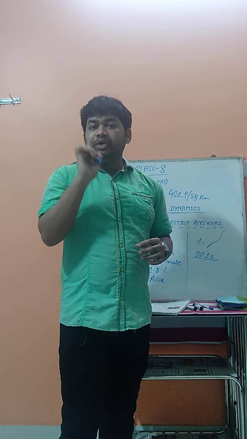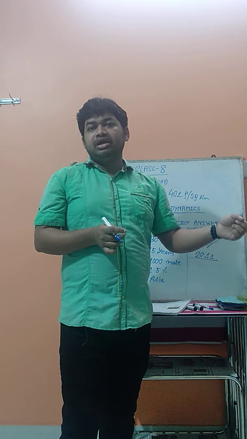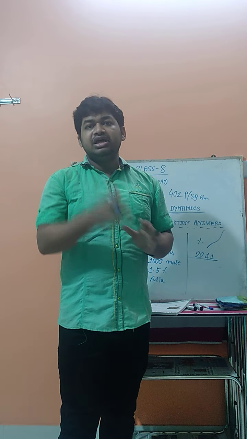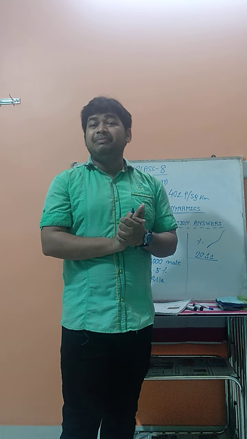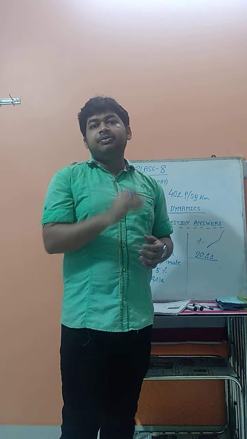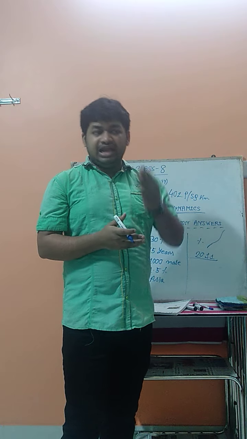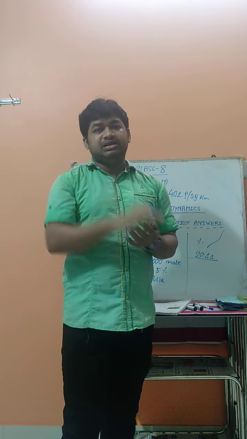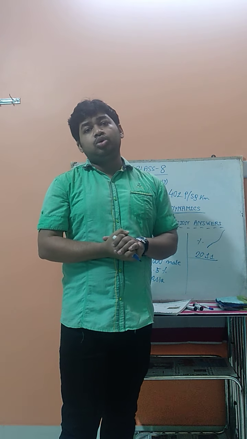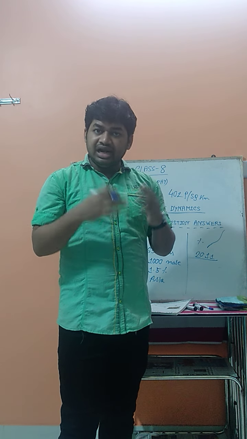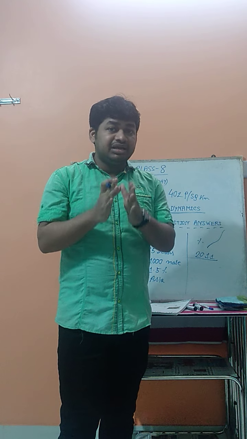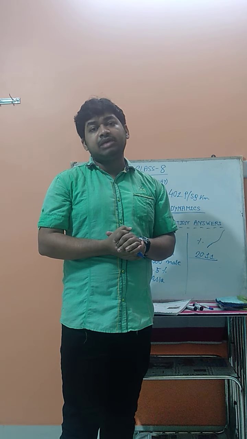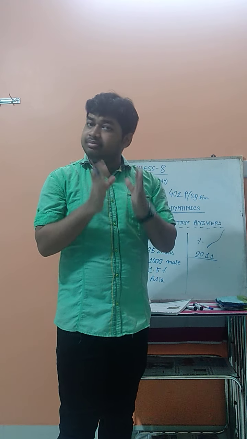The people who enter one particular place are known as immigrants, and those people who leave one place and go to another place are known as emigrants. Again I repeat, immigrant means when people enter one place in a migration process.